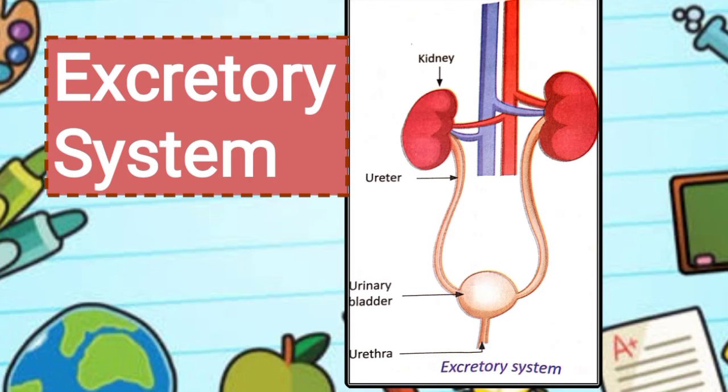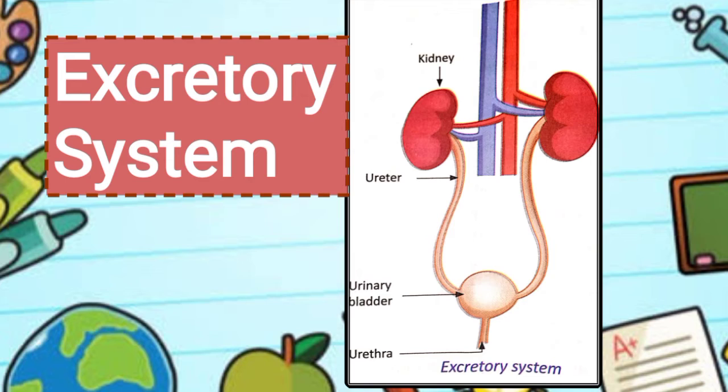Now let's understand what the excretory system is. The excretory system is a collection of organs with the main function of excretion, or the process of disposing waste from the body.